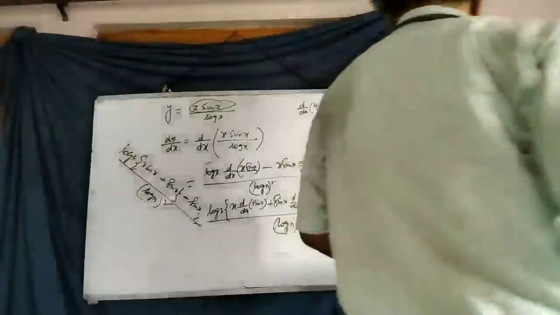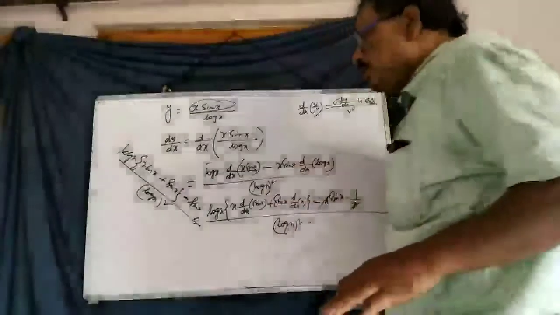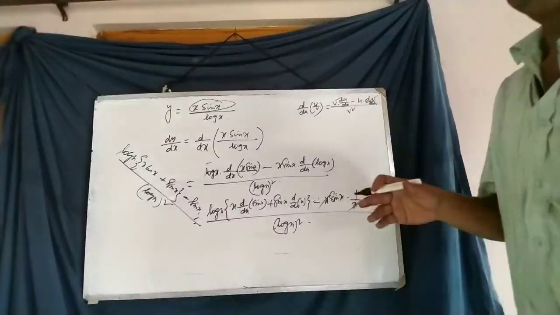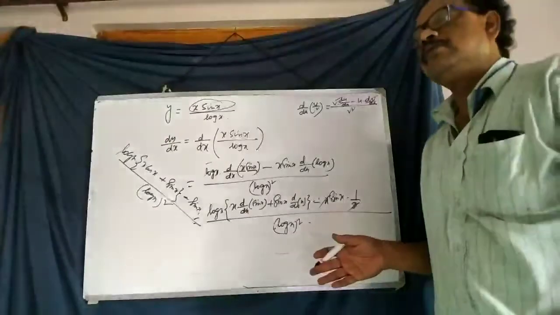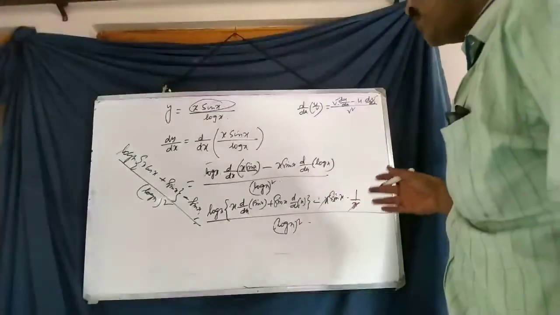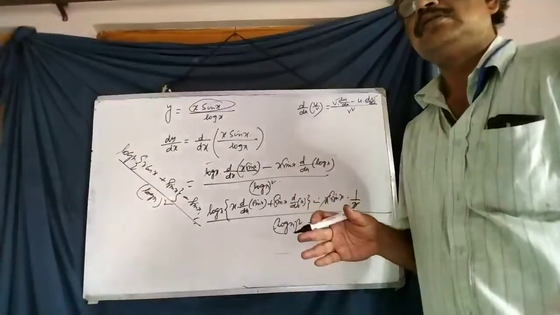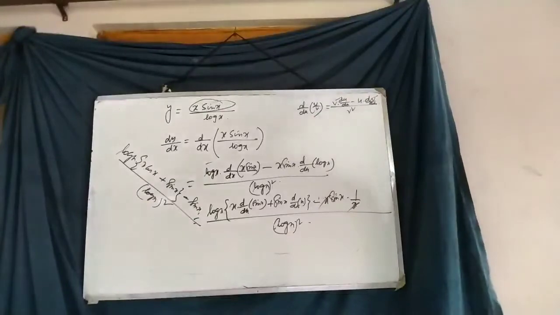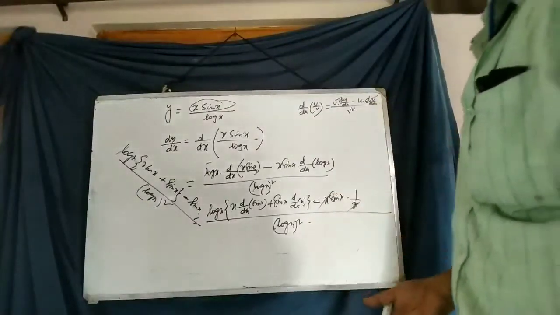So we have discussed 4 rules: constant multiplication, addition or subtraction of 2 functions, product of 2 functions, and division of 2 functions.